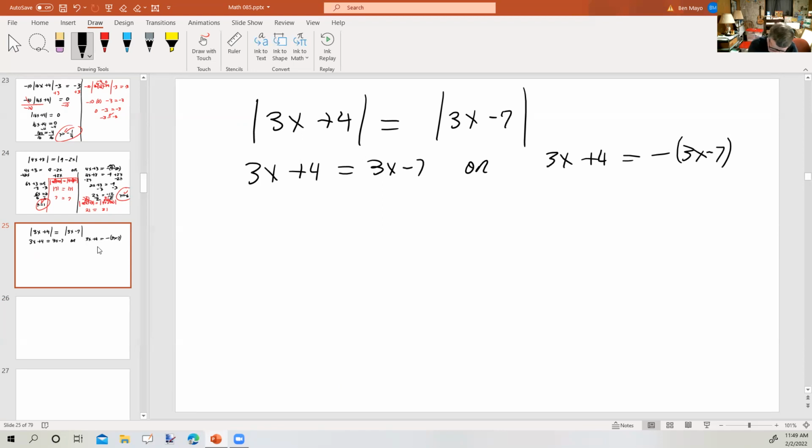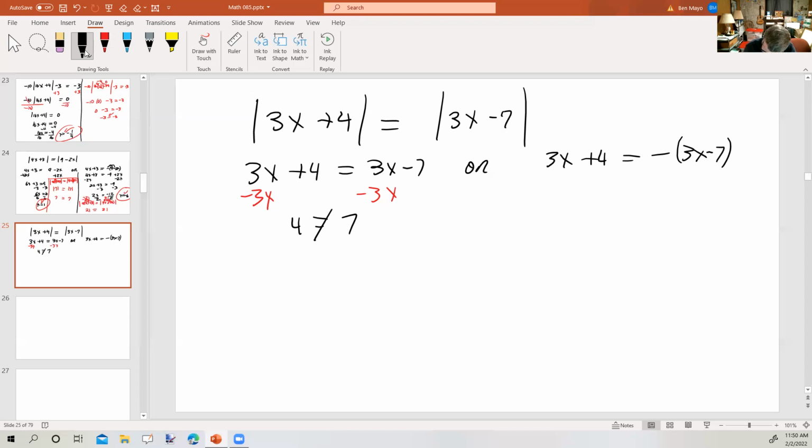Solving the equation on the left, we'll subtract 3x from both sides, and I get 4 equals 7. That's a false statement, so there is no solution to that equation.